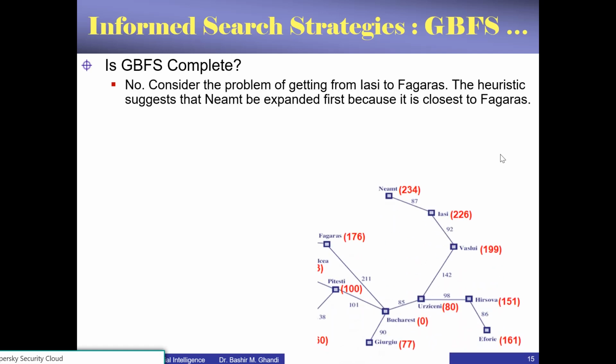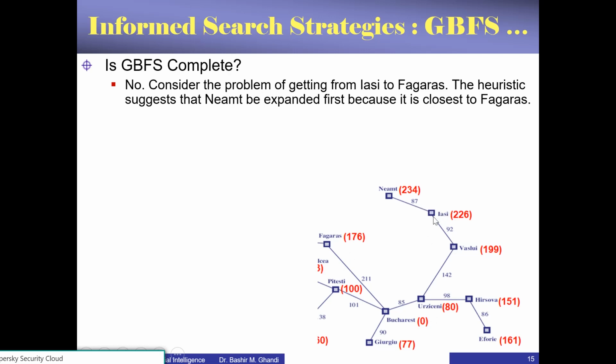Let's take an example. Consider the problem of getting from Iasi to Fagaras. So we want to go from Iasi to Fagaras here. Notice that these values are still the estimates from these cities to Bucharest. They have nothing to do with Iasi, so ignore the red values for now.